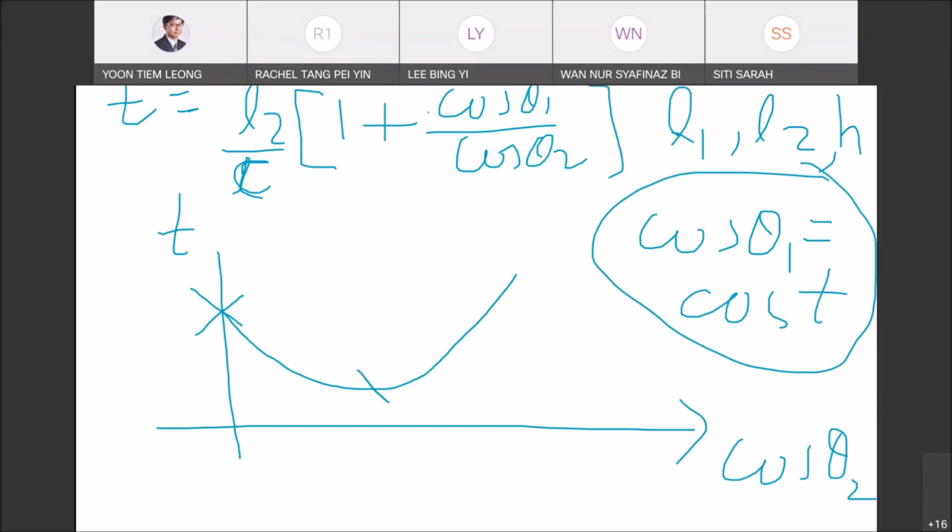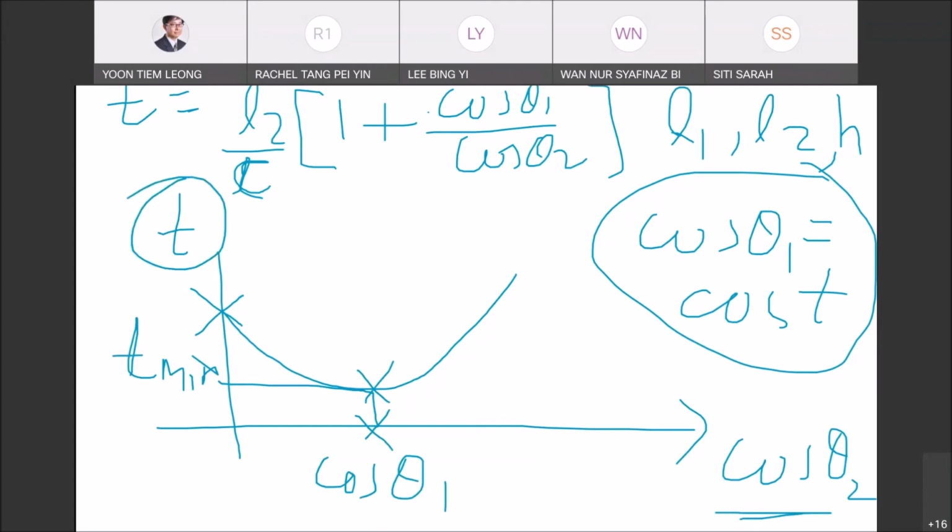And then you assume that at the point where t is a minimum, the value of cos theta 2 equals cos theta 1. So here you assume cos theta 2 to be the variable, and when it varies, the travel time for the light from point A to B would hit a minimum when cos theta 2 equals cos theta 1.